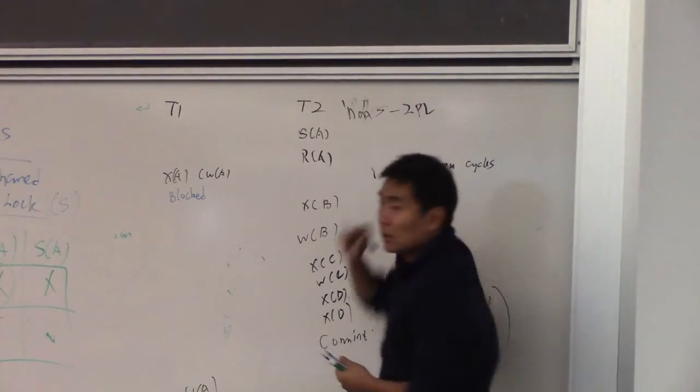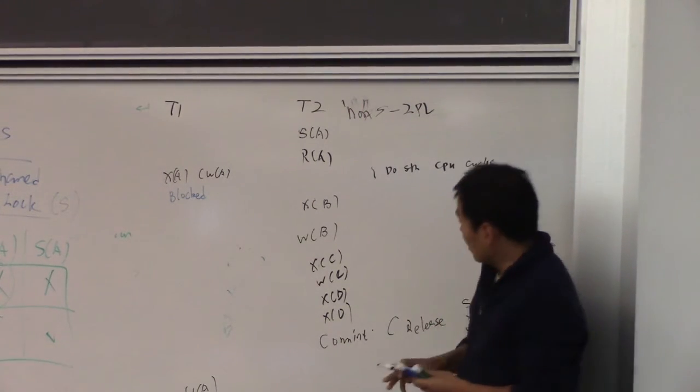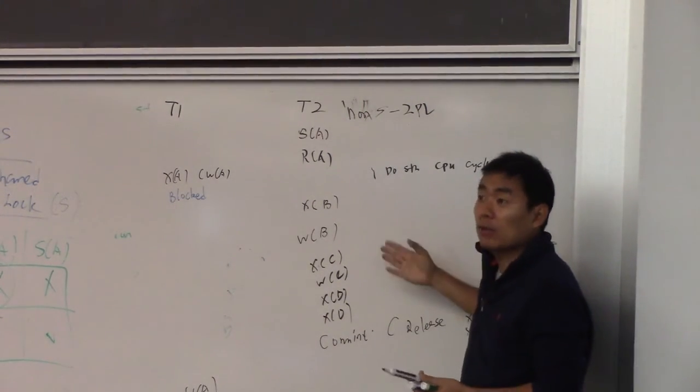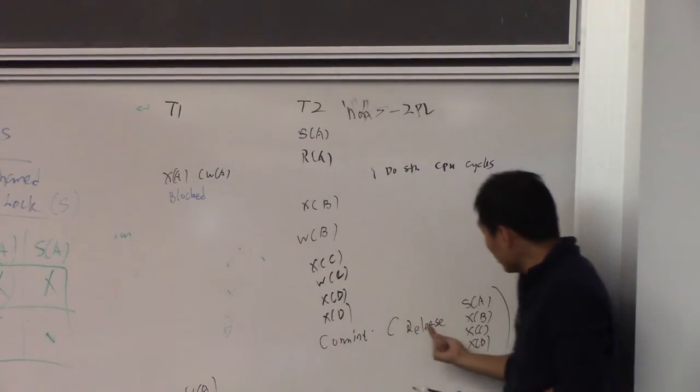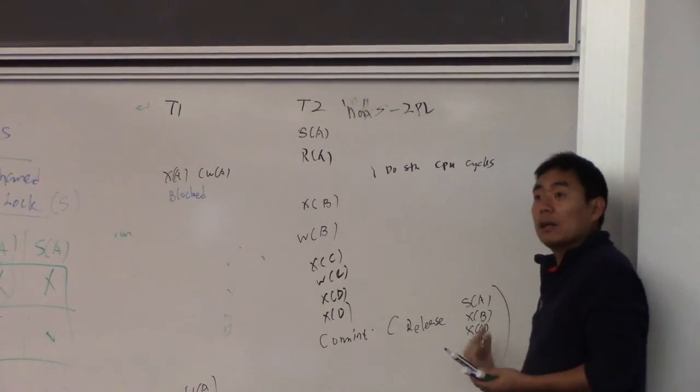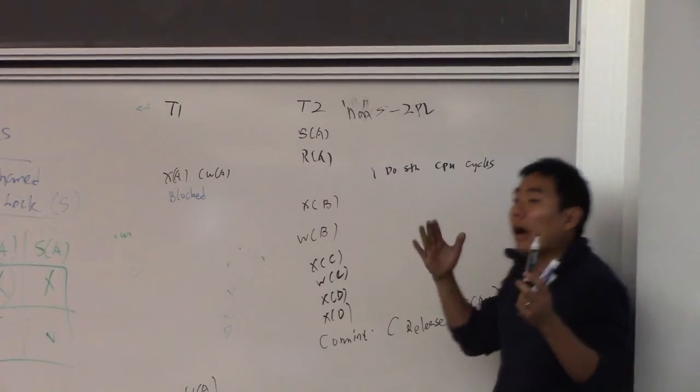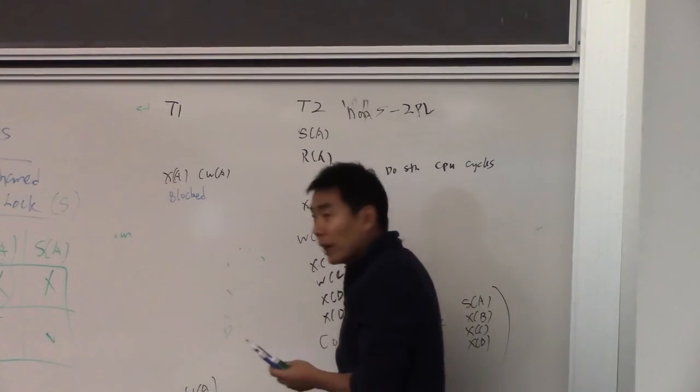What about non-strict two-phase locking? Well, this is still okay with non-strict two-phase locking, because once you release a lock, you do not acquire any new lock. However, I can do better than this.